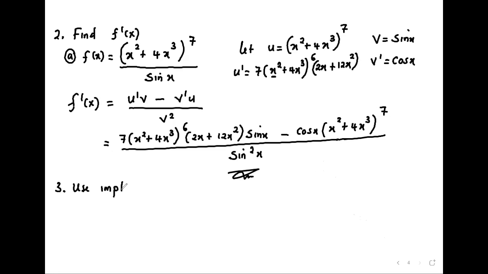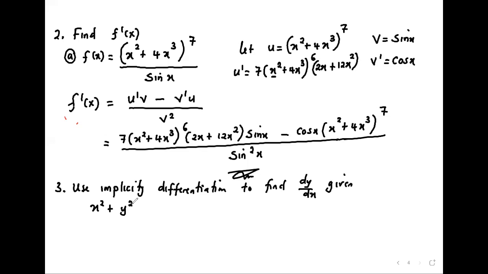Use implicit differentiation to find dy/dx, given x squared plus y squared plus 8x minus 2y minus 8 is equal to 0.